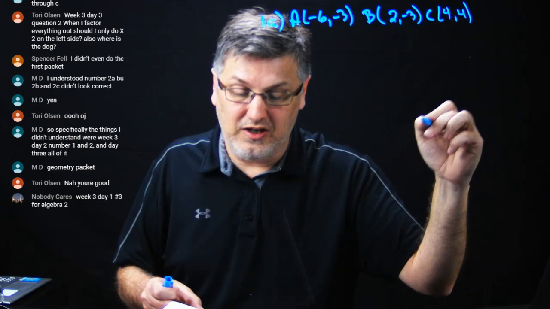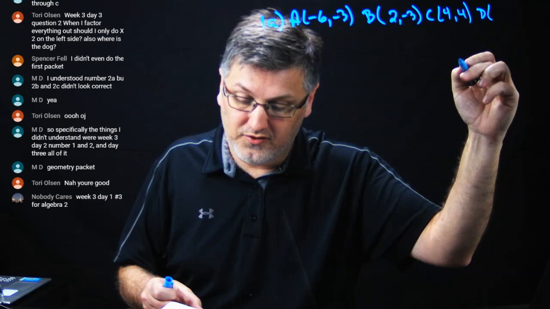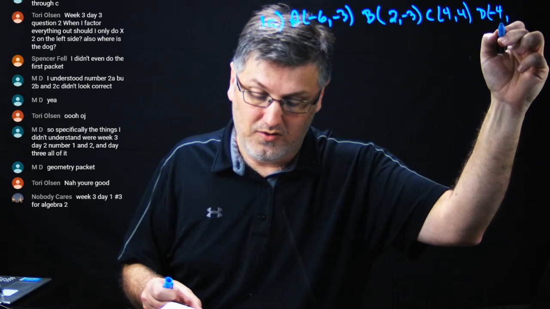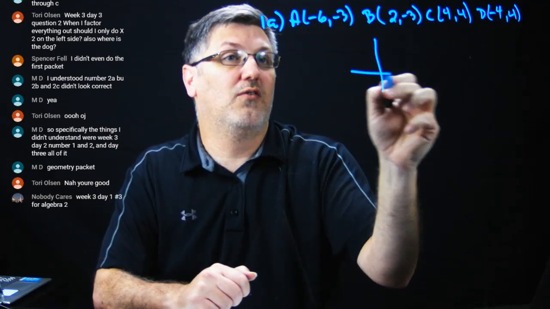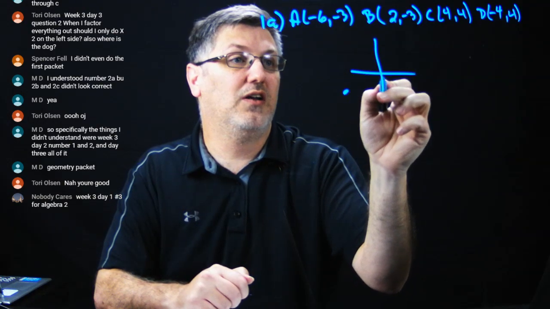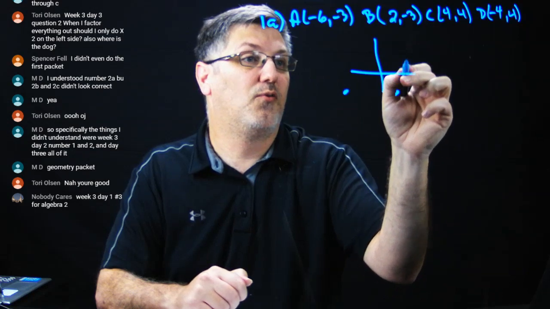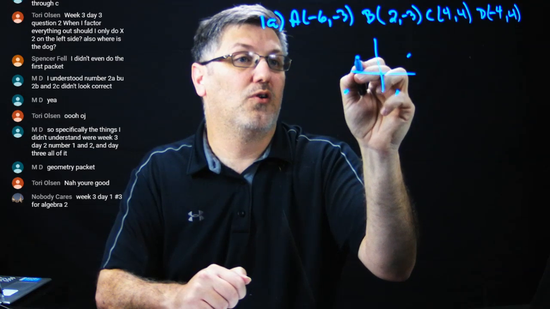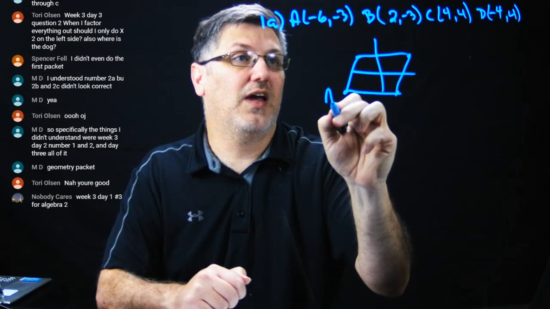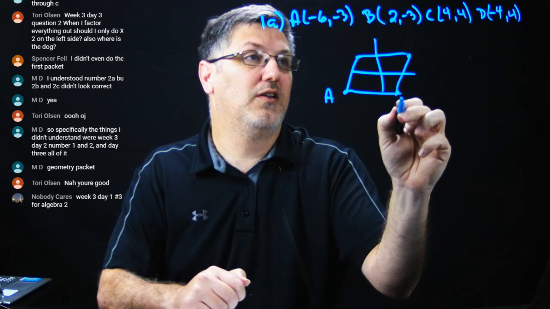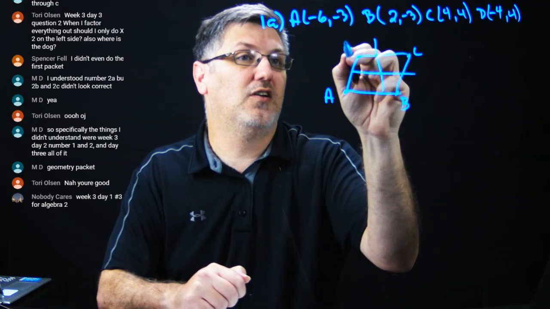And then we have D as -4, 4. Okay. Now, once again, rough sketch: -6, -3, 2, -3, 4, 4, -4, 4, right here. So this is A, this is B, C, and D.